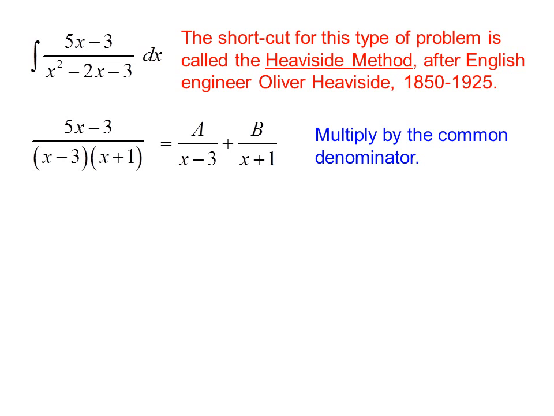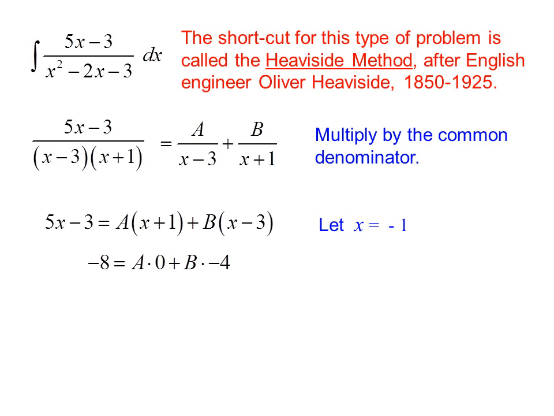We multiply by the common denominator, but in this step, we let x equals negative 1, which will make this factor drop out. That gives us negative 8 equals a times 0 plus b times negative 4. That cancels out. We divide by negative 4 and get 2 equals b.